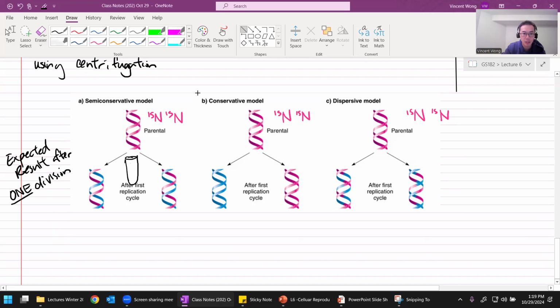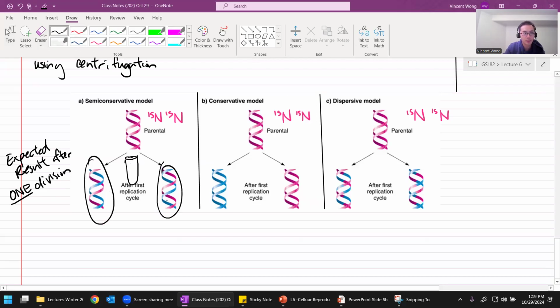At the top, at the middle, or at the bottom? I'm going to give you a poll to see what the class thinks. Please participate so I know. Is it A, at the top, B, at the middle, or C, at the bottom? Okay, we're talking about these strands right here. Is it top, middle, or bottom?